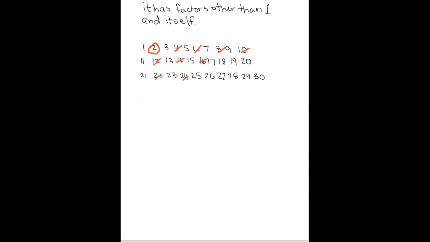Anything that ends in a 2, 4, 6, 8, or 0 is a multiple of 2. Oops, I did one that I shouldn't have. That's 18. And then 19, I'm going to have to erase that. So at this point, we've already eliminated a whole bunch of numbers up through 30 as potential primes.